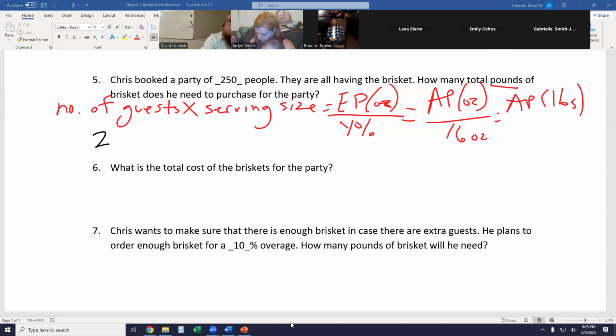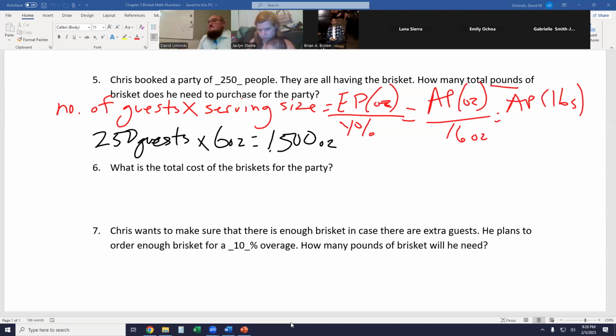So if I have 250 guests, I'm going to multiply. They're all having 6 ounces of brisket. 250 times 6 is 1,500 ounces. Now, if I divided by 16 right now, that's 93.75 pounds.